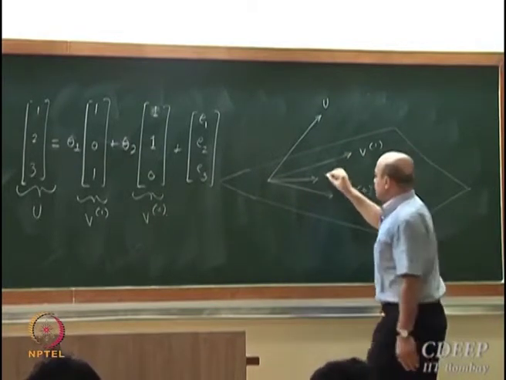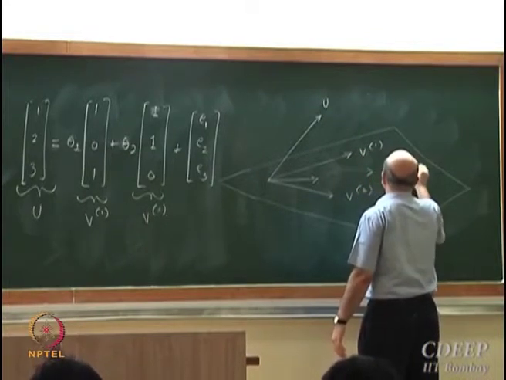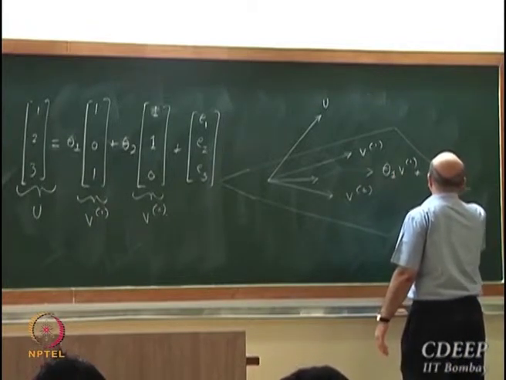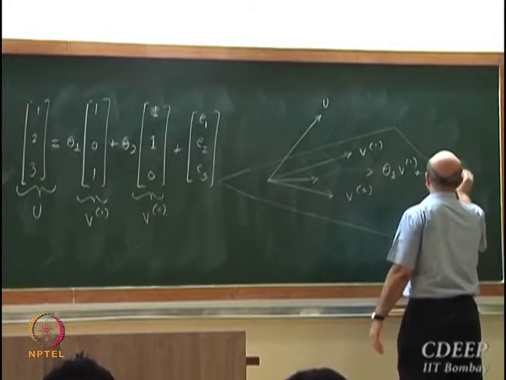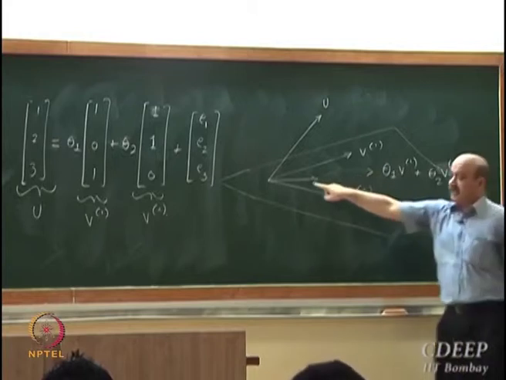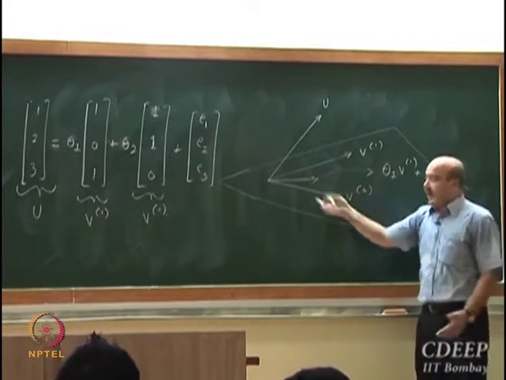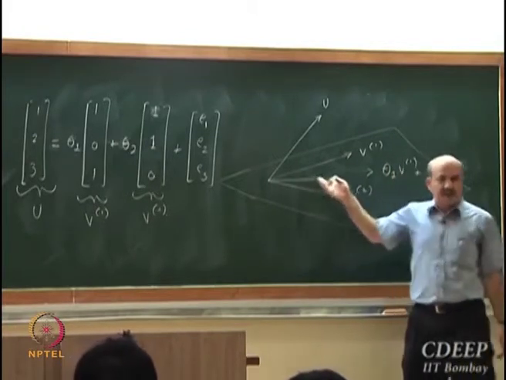This vector will be theta 1 times v1 plus theta 2 times v2. It cannot leave this plane, right? It is a linear combination of these two vectors. It cannot leave this plane.